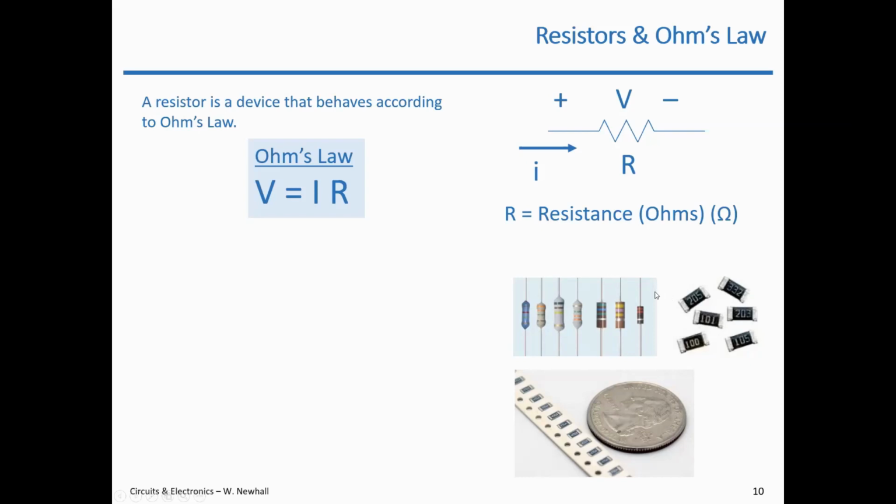So an 0603 resistor is 60 thousandths of an inch by 30 thousandths of an inch, or mils, right? 60 mils by 30 mils. And 01, 02 is 10 mils by 20 mils. So they get really small, and these are actually big resistors right here next to this quarter. Those aren't small. Okay, so that's what they look like.